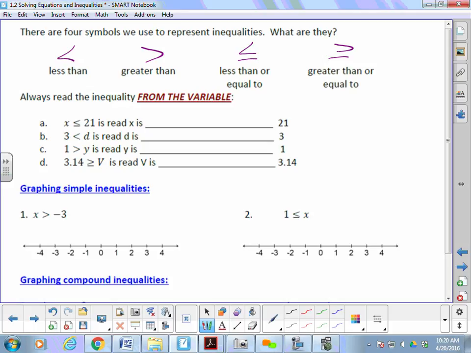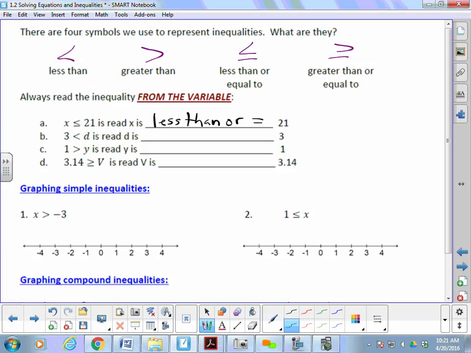Now, the one thing to remember is that less than or greater than depends on where your variable is. So here we go, letter A. This says x is less than or equal to 21, because the x is on the left side.